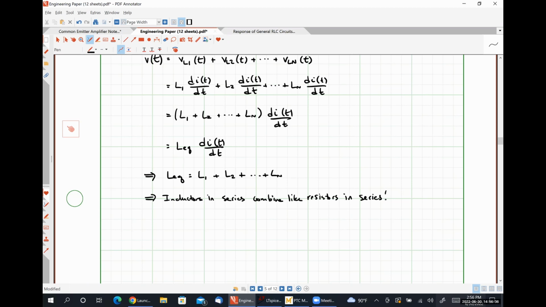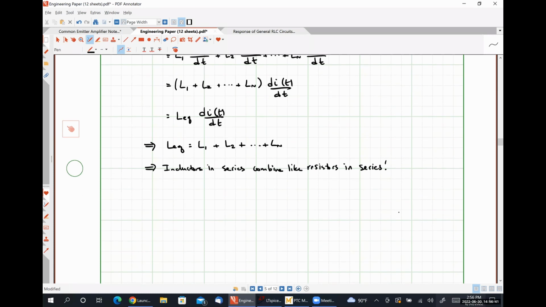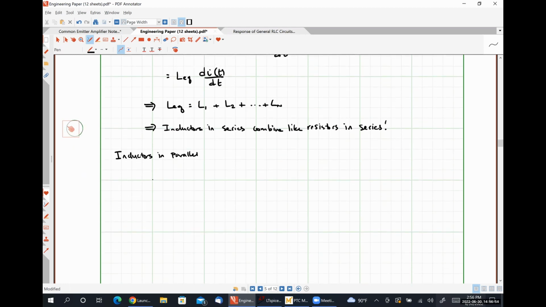Now let's look at a combination of parallel inductances. So let's say that we have several inductors connected in parallel. Here's L1. Here's L2. Here's L sub n.